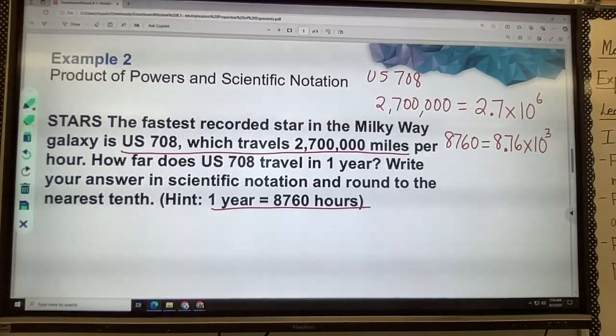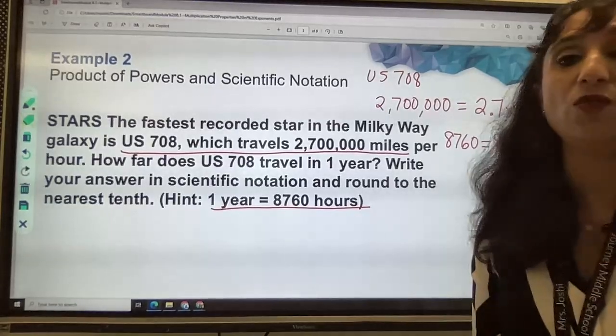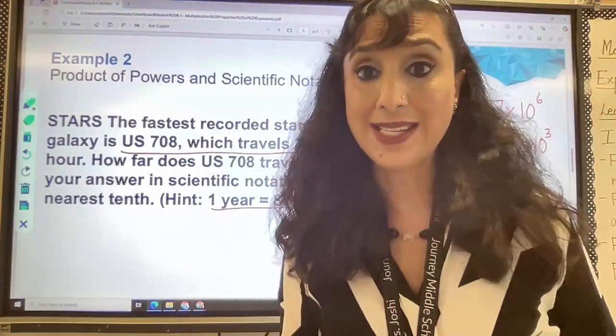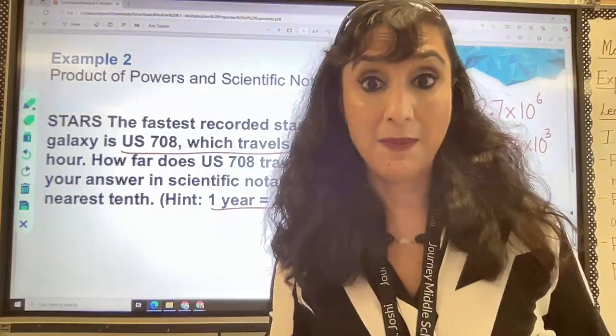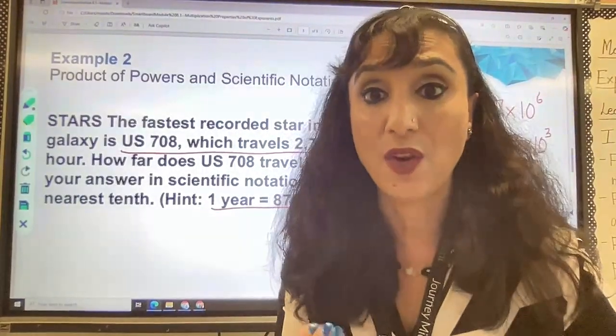Okay, next thing we are looking at, it's asking the distance, right? If it's saying how far does it travel in 1 year, I know that distance is rate times time. We say rate times time because we know that speed is a rate.